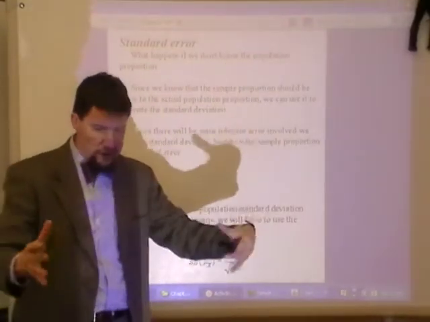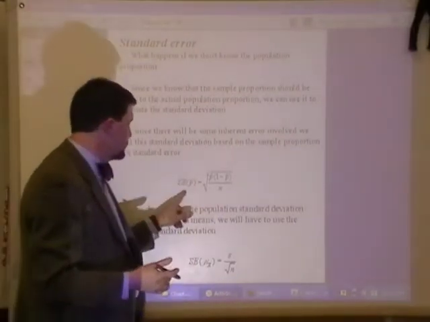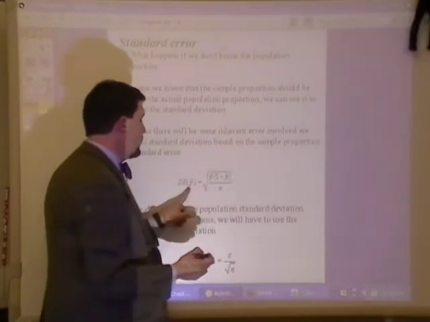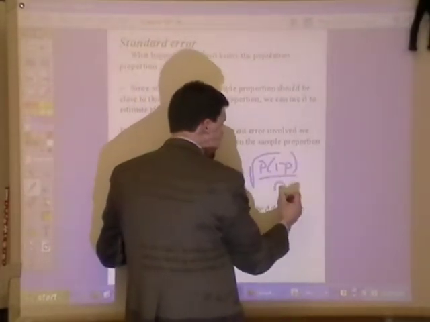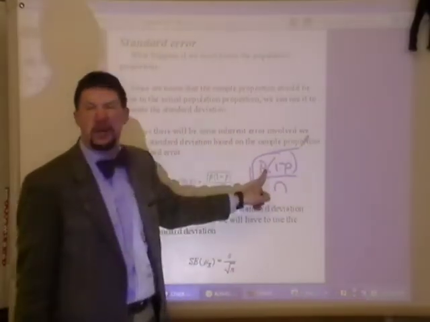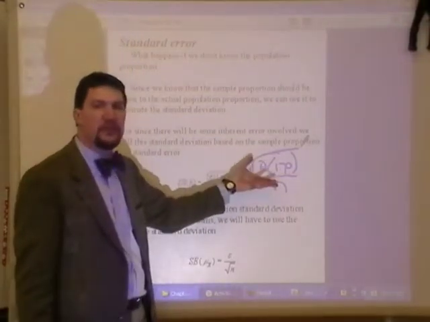So I grab a group and do some samples. And when I do that, my standard deviation, which is the square root of p times 1 minus p over n for a sampling situation, is based off the population proportion. But I might not know what that is. And if I don't, I can't create the standard deviation.